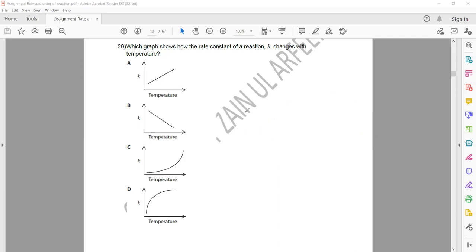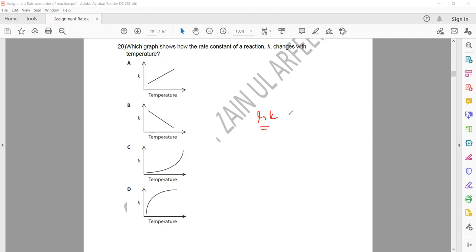But when there's a negative sign, as you can see, we have the formula log K or ln K. What is the purpose of the ln? The purpose of ln is just to reduce the value.